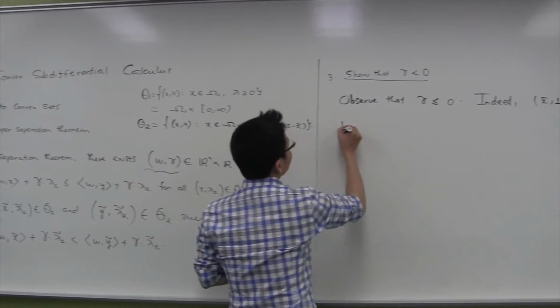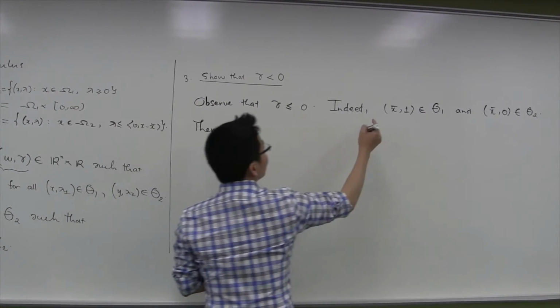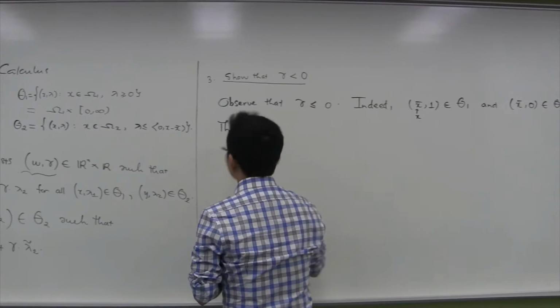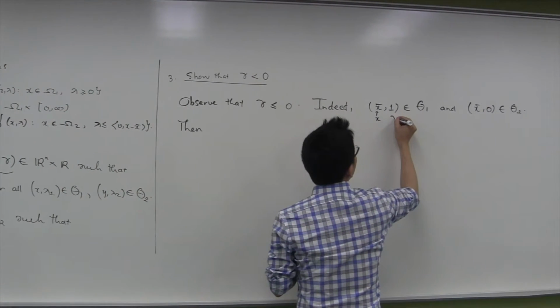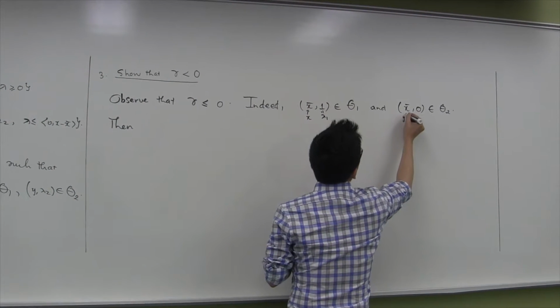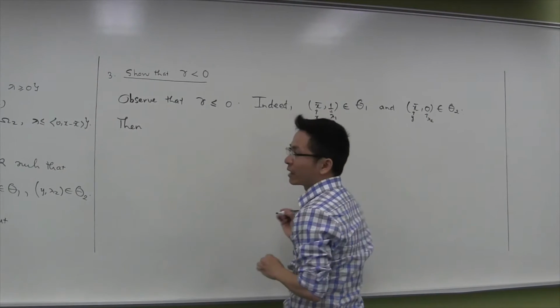When we plug in, we replace x by x bar and lambda 1 by 1, this is y, and this is lambda 2. So we have the following.